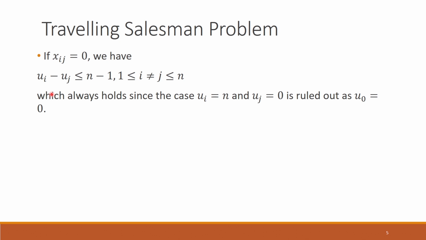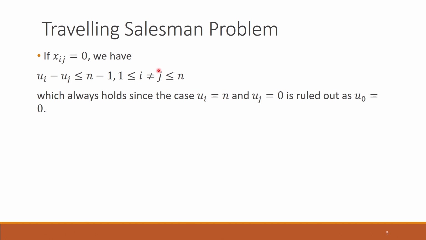Because you can see what the largest value is that these u values can take. ui can take the largest value n, and uj can take maybe as low as 0. In that case the LHS will become n, and only in that case would this inequality not get satisfied. However, that case is not possible here, because the case ui equal to n and uj equal to 0 is ruled out, since this set of constraints has i and j such that they only take values from 1 to n.